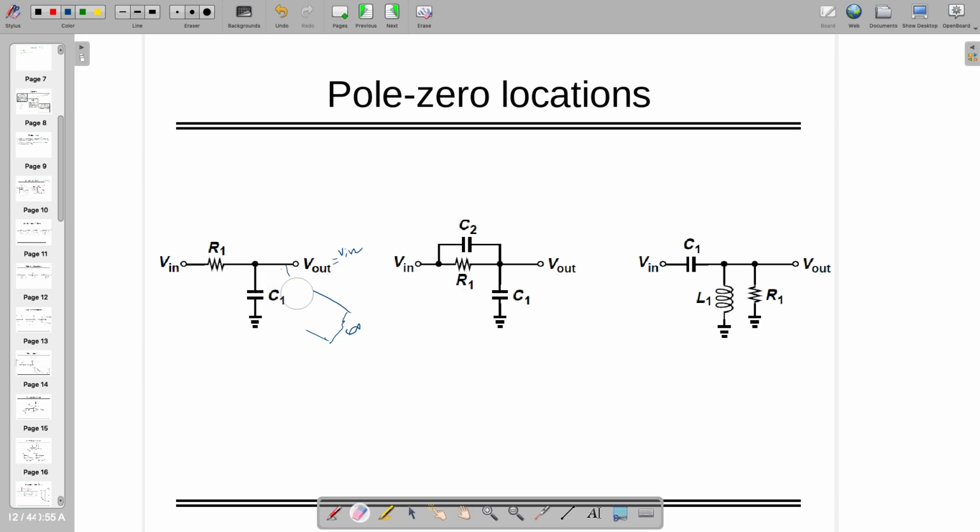So this is a low pass filter, and what is the order of this filter? Okay, first order, and the cutoff frequency is 1 by 2 pi R1C1 in hertz, right? What about this one?